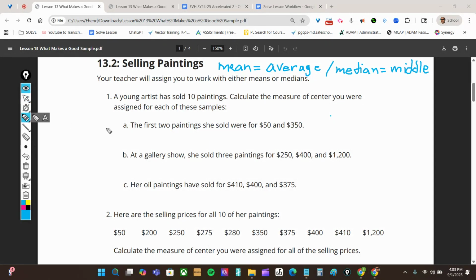All right, so let's go over these. So the mean for the first one is 50 plus 350. Okay, so that's 400 divided by 2. That's going to give us 200.